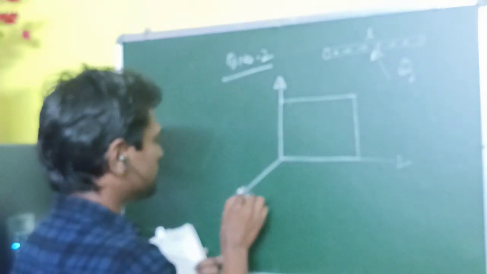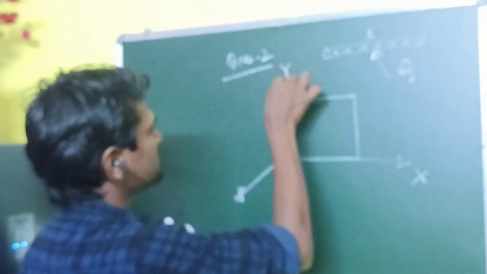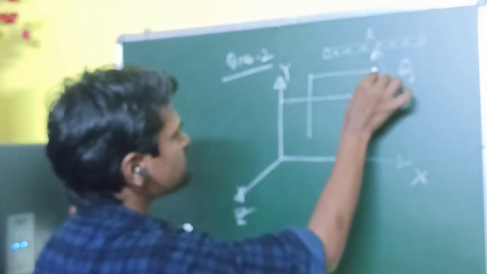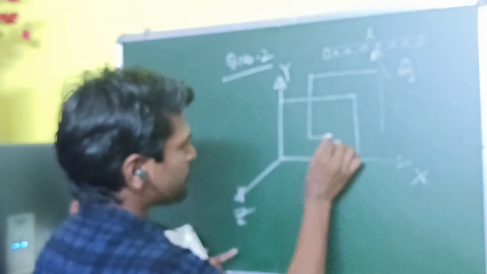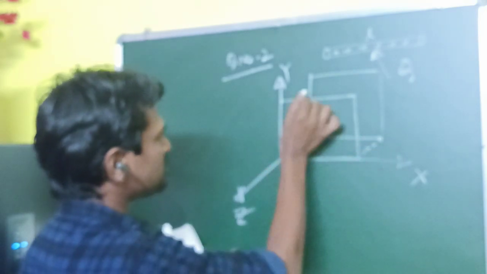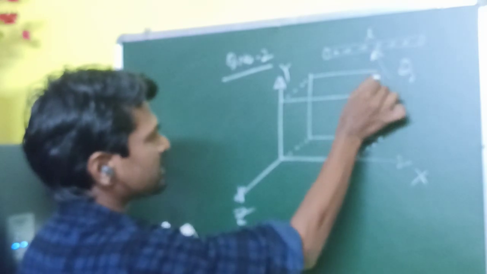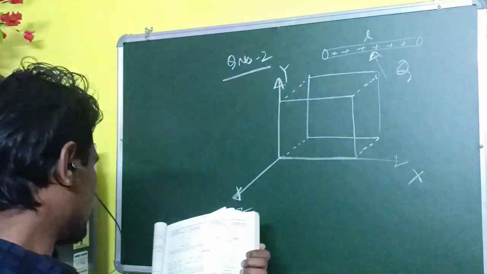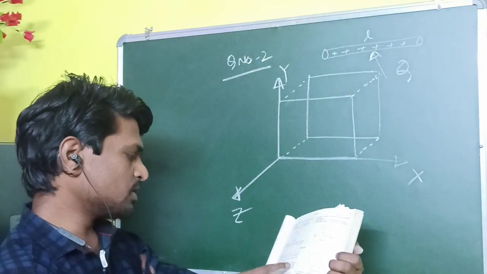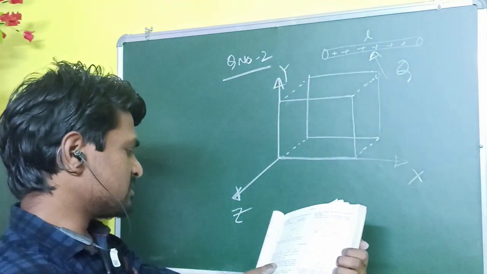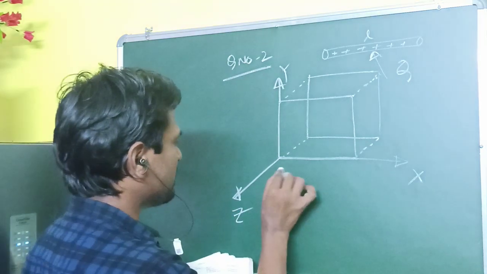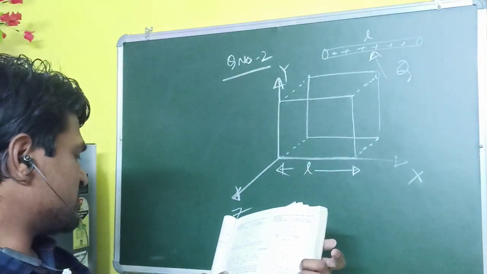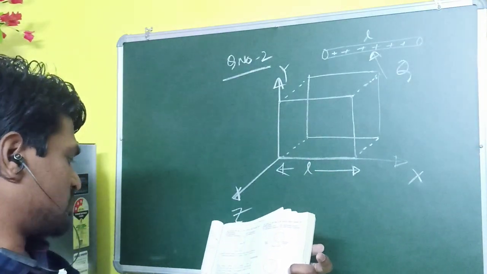A hypothetical cube with x, y, z axes. Since this is hypothetical, you can take it as dotted. A charge capital Q is uniformly distributed over the rod, and consider a hypothetical cube of edge L with the center of the cube at one end of the rod.